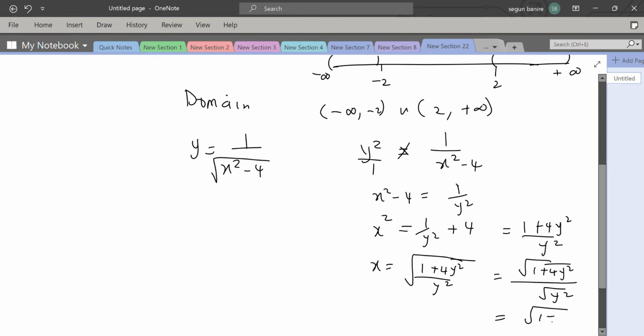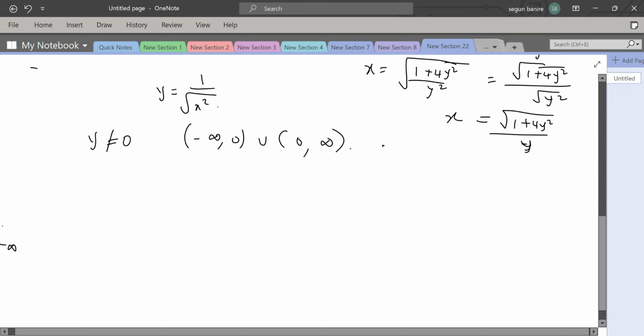When you split the roots, you just have to make sure that, for this is x now, to get the range, y shouldn't be 0. Do you get? So the possible values are minus infinity to 0 union 0 to positive infinity.